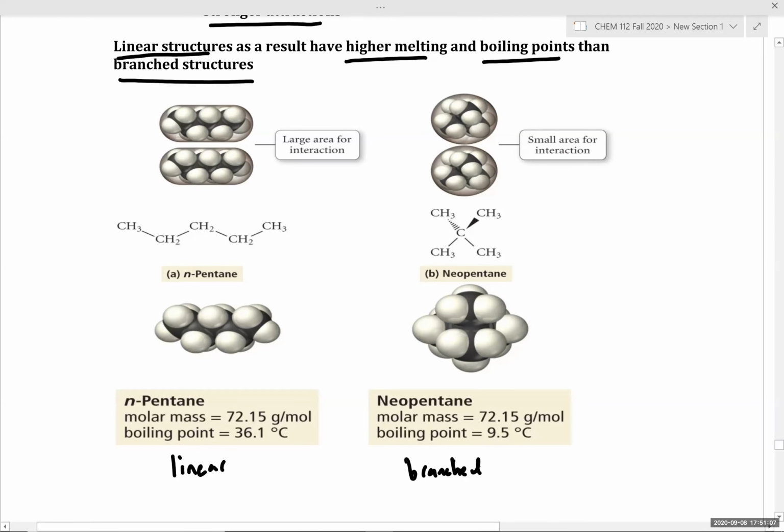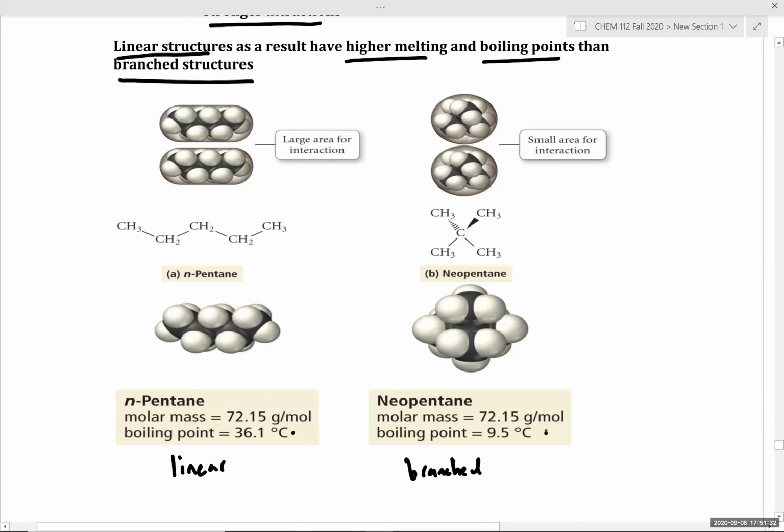molecule neopentane. And as we notice, which constitutional isomer in this case has the higher boiling point and the stronger intermolecular interactions, the linear or the branched?